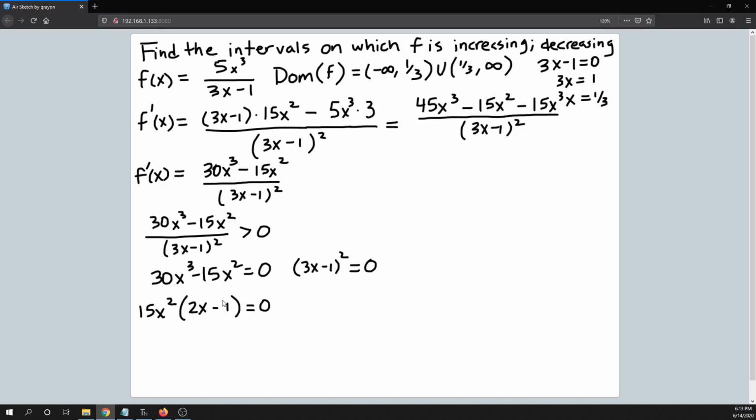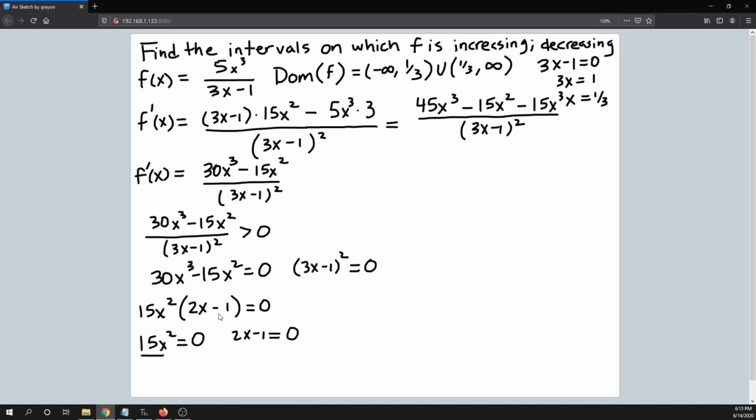All right. So next up then is we have this completely factored. We want to set each of these factors equal to 0. So 15x squared, set that equal to 0. Set the 2x minus 1 equal to 0. And solve each of those out.